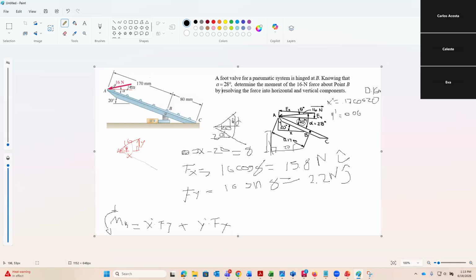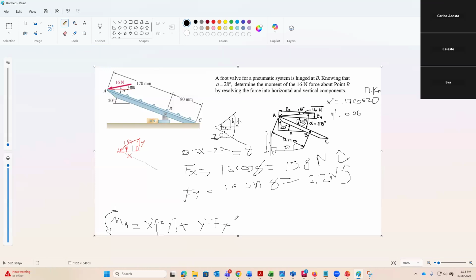And if there are any more forces, you just do all the components in Y times all the distances in X plus all the components in X times the distances in Y. But this is only one force.